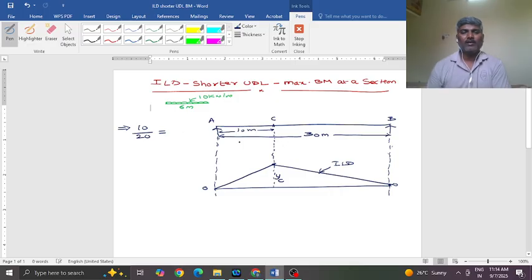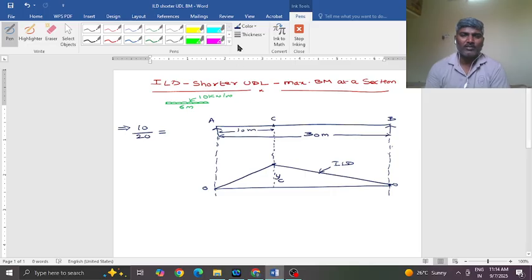Left span is 10, right span is 20. So the load shall also be divided in the same ratio. That is the condition for getting maximum bending moment at a section.